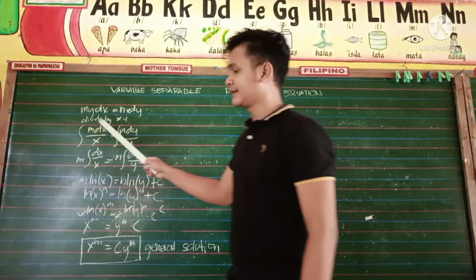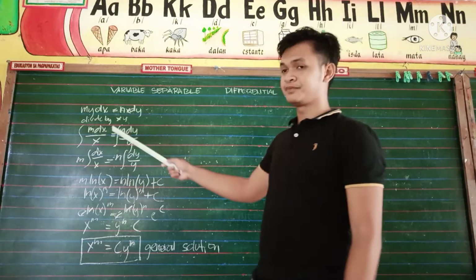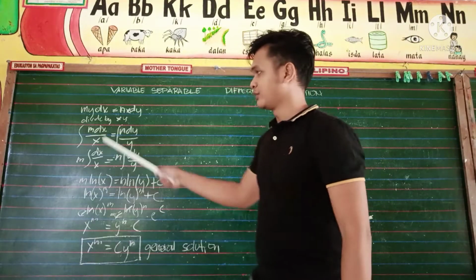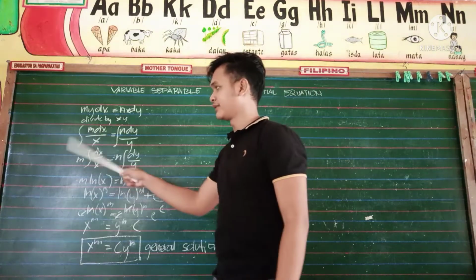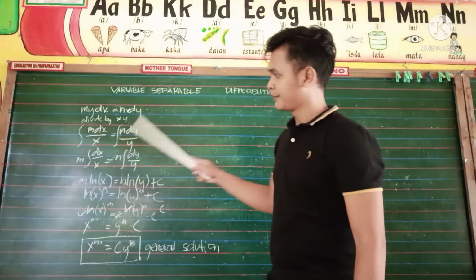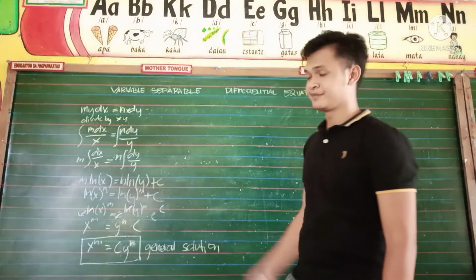So once we finally get the group of x to dx and y to dy, we will integrate both sides. Since there is a constant, we will factor out the constant. m integration of dx over x is equal to, factor out the constant, n integration of dy over y.